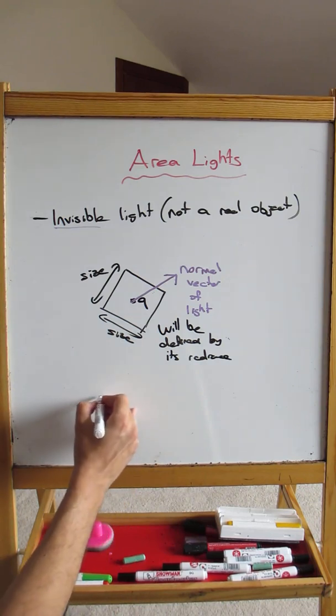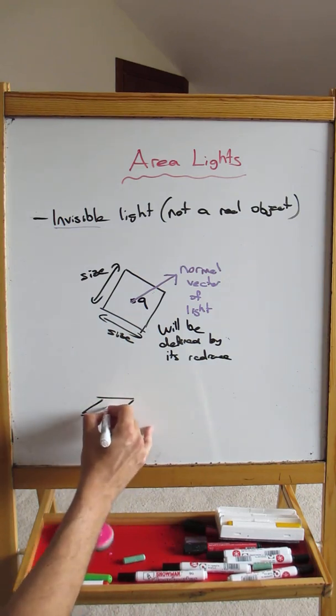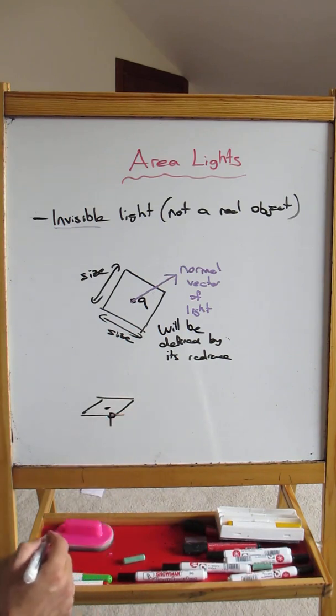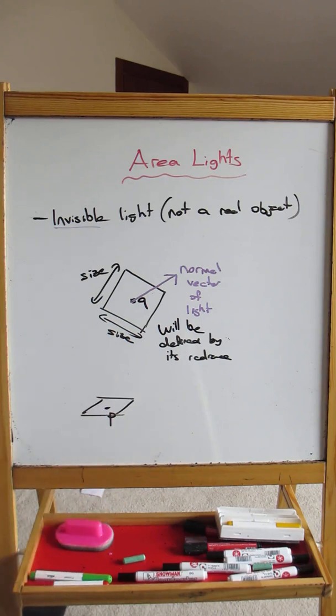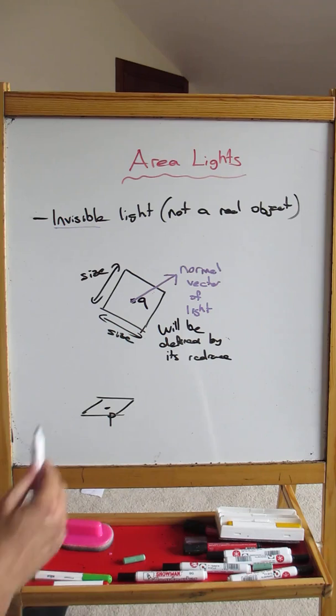Let's say we have a point P on a surface. Now we are going to compute the contribution of the light to this point. We are going to randomly sample a point on the light source.